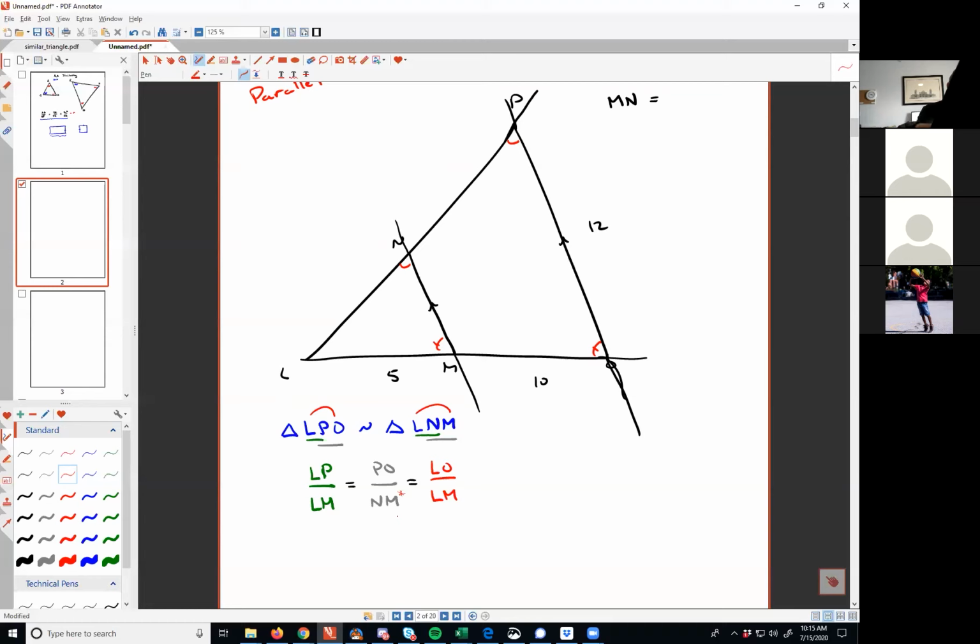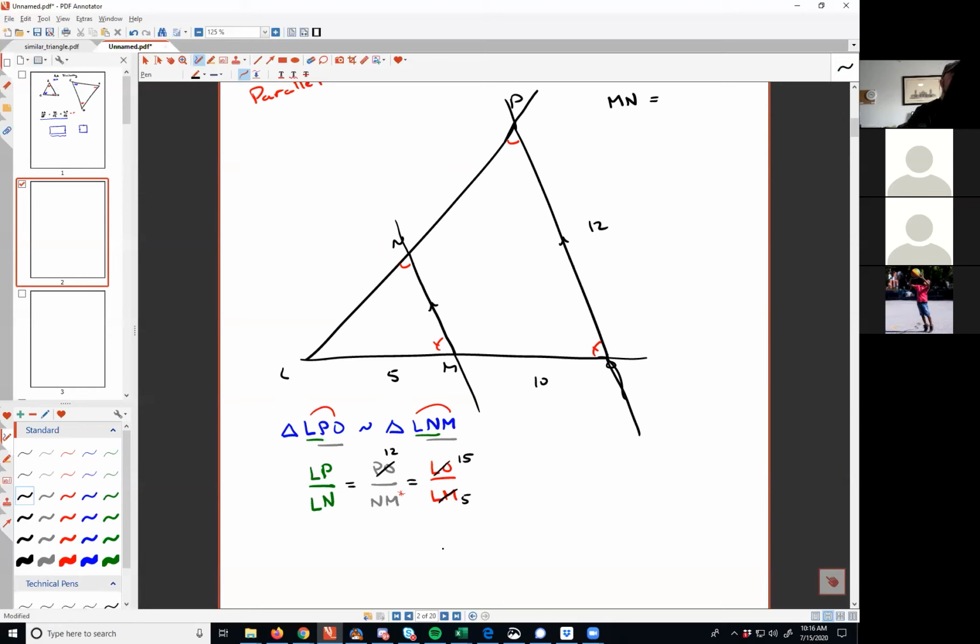What can we do? PO is 12, so we can say 12 over NM is equal to LP over LM. But we don't know LP, so we could use LO. Yeah, it's the ratio on the right that we want, because we know LO is 15 and we know LM is 5.